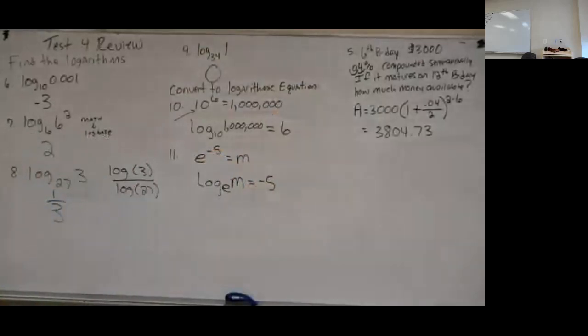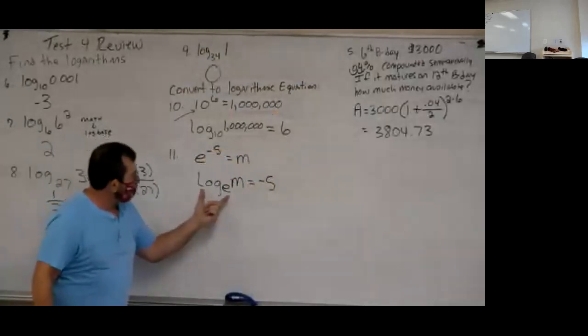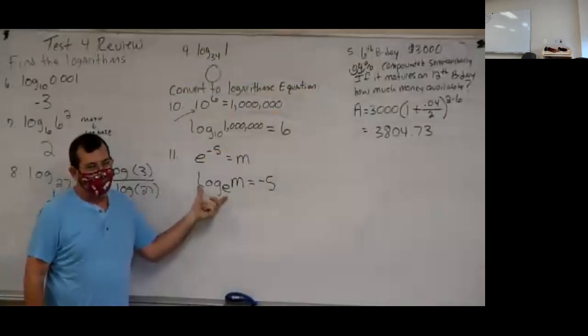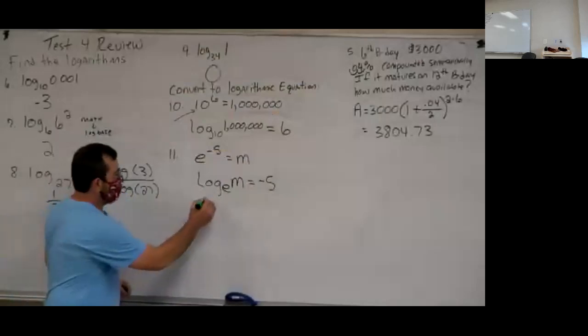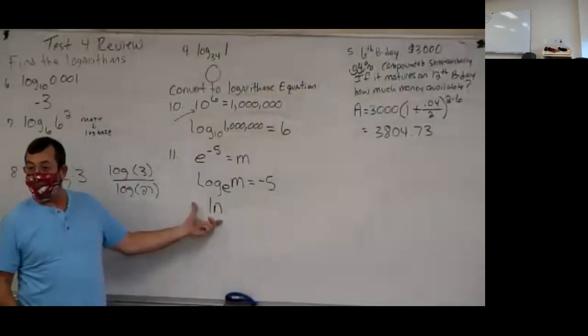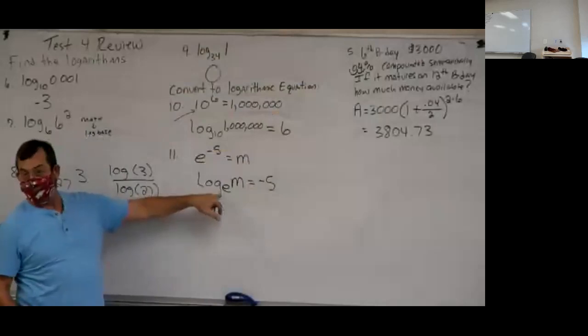Now, although that's a right answer, that's not what they would consider the most simplified form of that answer. Because there's something I can use instead of log base e here. How about a ln? Remember, ln is a natural log, and it's the log base e, okay?